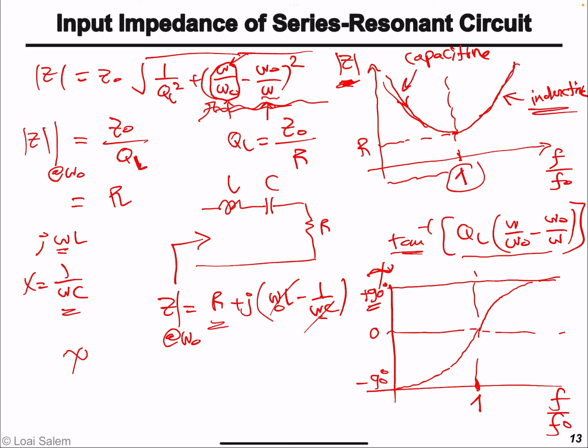And again, for an inductive load impedance, its phase essentially is 90 degrees, and for a capacitive one, it is going to be minus 90 degrees. So again, from the phase of the impedance, psi, we can conclude that for frequencies above resonance, the RLC circuit essentially behaves as an inductive load, while for frequencies below resonance, it behaves as a capacitive load.